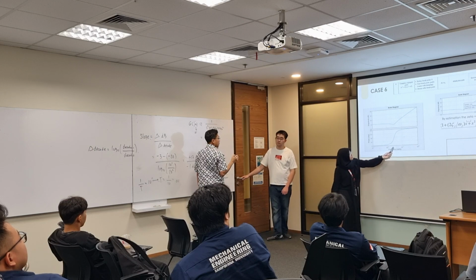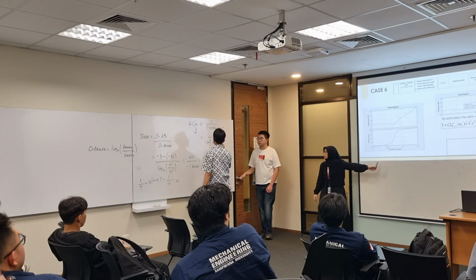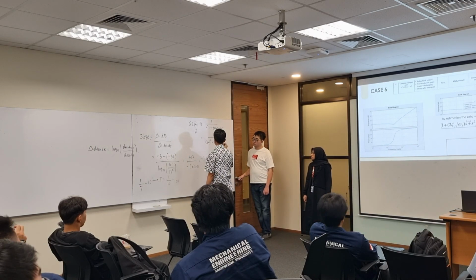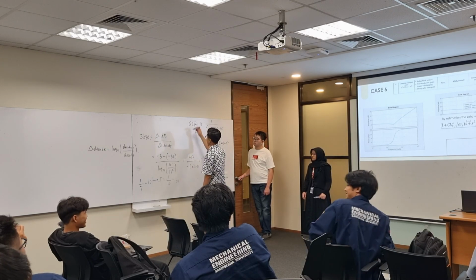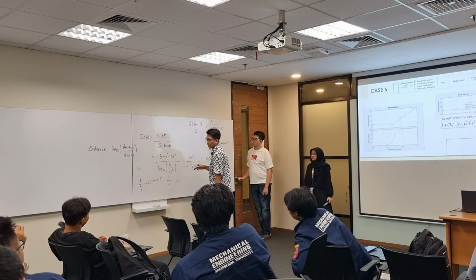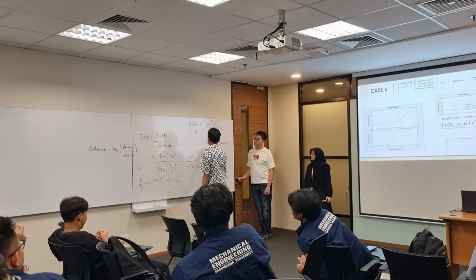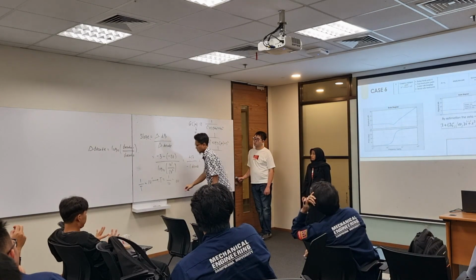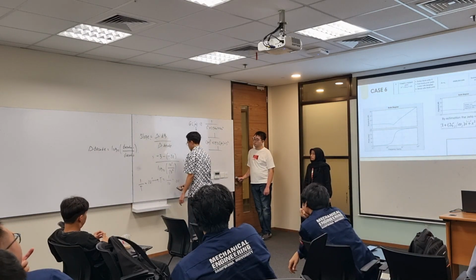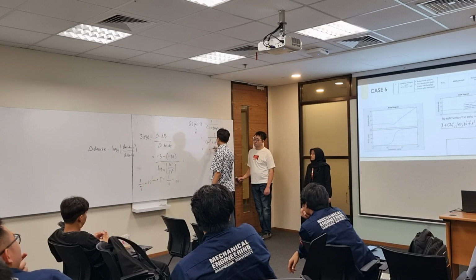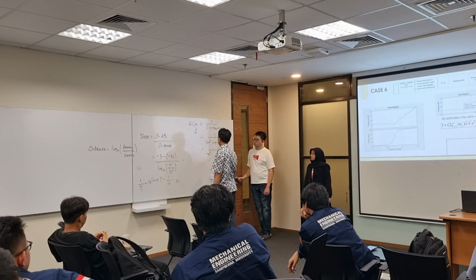Okay, so you have 3 j omega and then plus 3 squared. You find out what's the magnitude. What happened in here: j omega squared becomes minus omega squared.